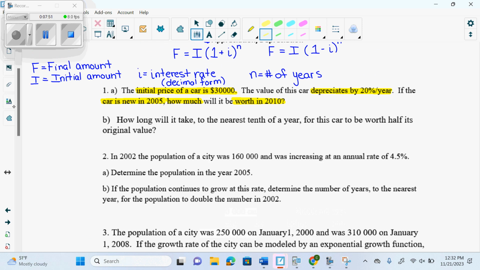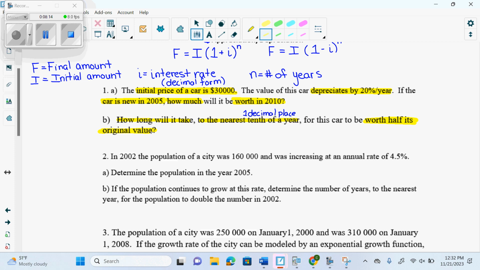Then B says, how long will it take, to the nearest tenth of a year, so that's 1 decimal place, for the car to be worth half of its original value. So what did we get now?